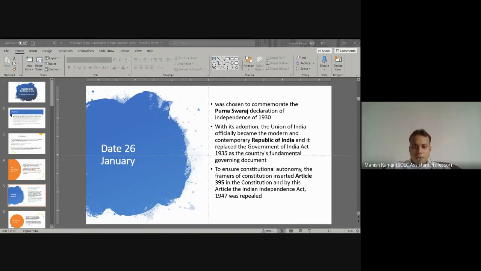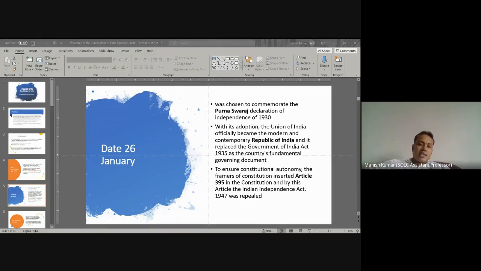So now I'm going to talk about this specific date, 26th January. The Constitution of India was adopted on 26th November 1949 and came into effect on 26th January 1950, proclaiming India to be a sovereign democratic republic. Why the date 26th January? Any specific reason behind this?